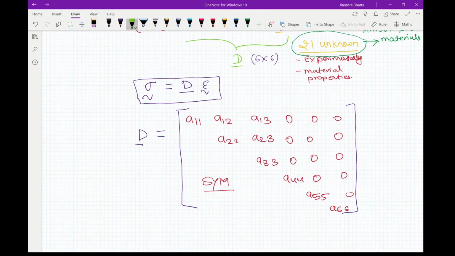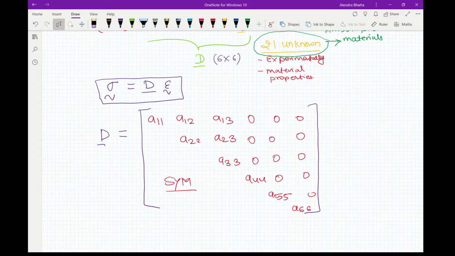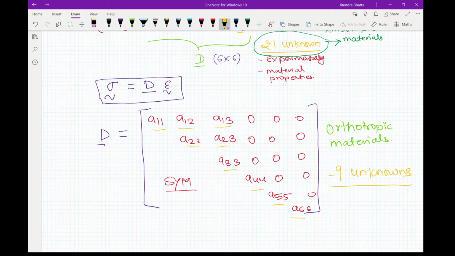Such materials which show this kind of symmetry are known as orthotropic materials. Here, the number of unknowns is reduced to 9. So these 9 unknowns have to be determined experimentally.